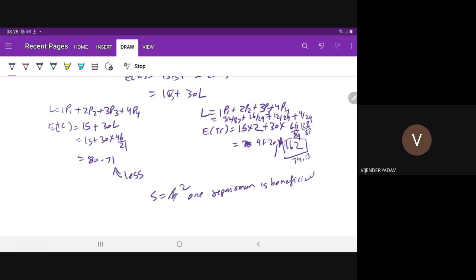This is the correct answer, as per my recall. So all these others are not correct. So here S is equal to two repairmen, so we can say the two repairmen are beneficial. In this chapter, we have to be very careful about the calculation.